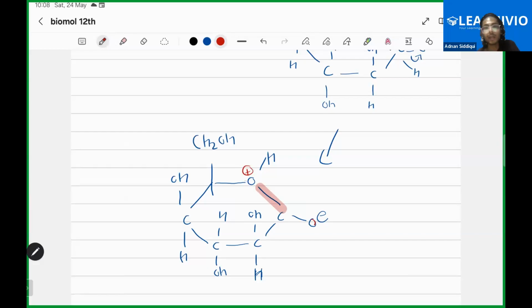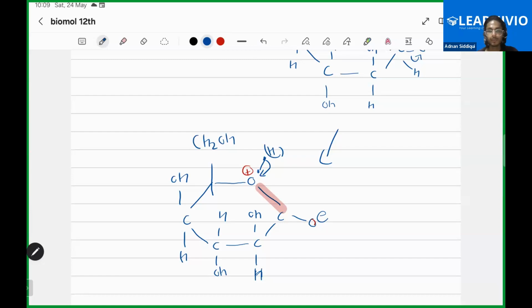This electronegative element, oxygen, will not bear this positive charge because oxygen's tendency is to gain electrons. If you take an electron from oxygen itself, then it will be very unstable. So it will try to remove this positive charge and get neutralized. It will lose this hydrogen and take these two electron pairs to neutralize itself.